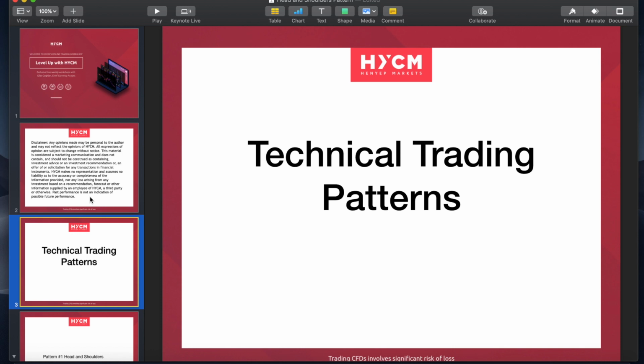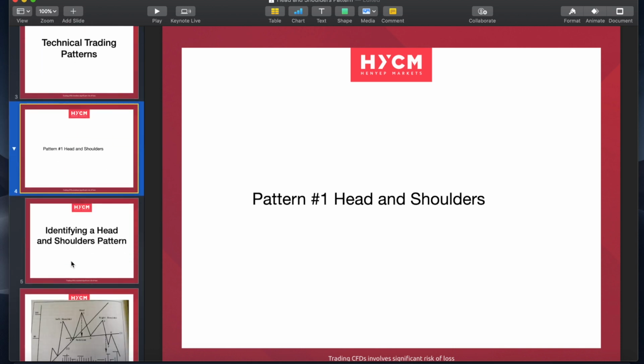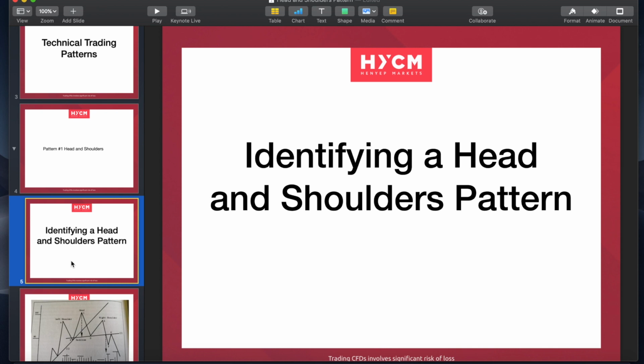So the pattern that we're looking at is the head and shoulders pattern, a very, very well-known and famous pattern that's often spoken about. You can often hear analysts talking about head and shoulders pattern. So I'm going to explain to you how to use it. The first thing to realize is that the classical head and shoulders pattern is a reversal pattern. So it's typically used when price is going back in the other direction.